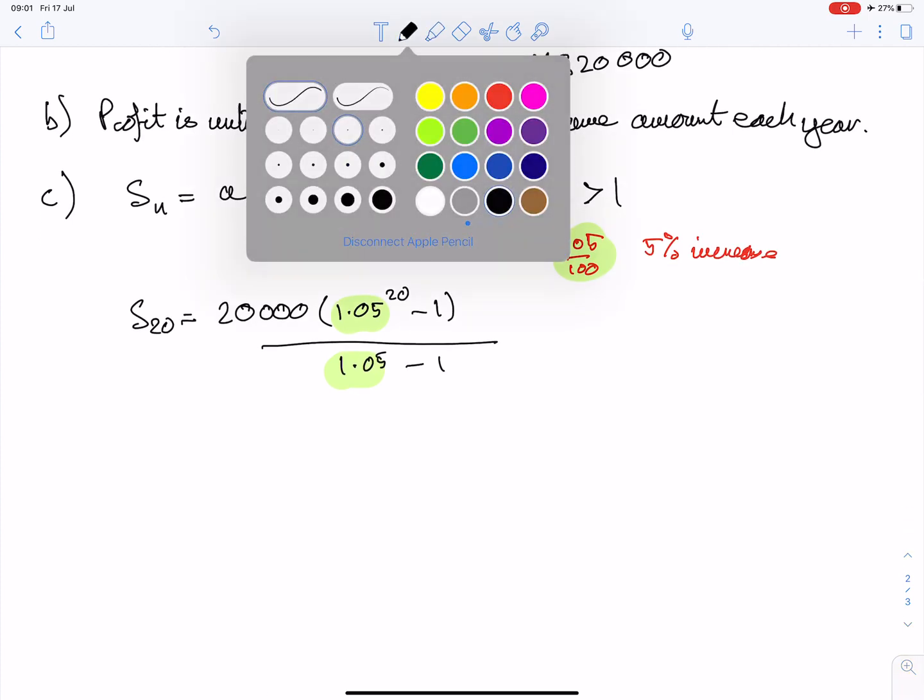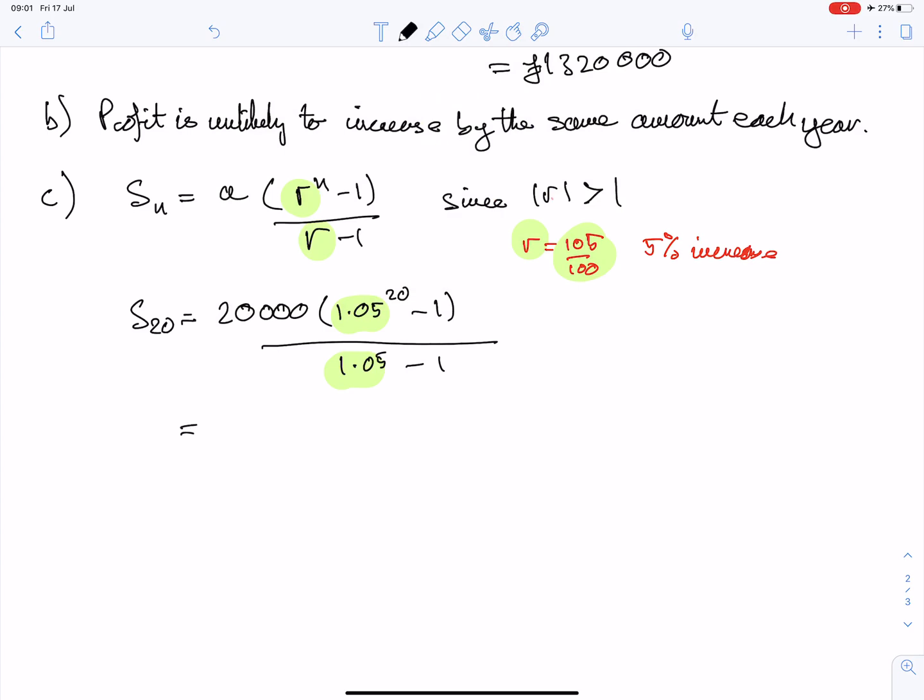Okay, so that really is a calculator kind of activity. Tap it in, and we're going to get 6,131,9.08.